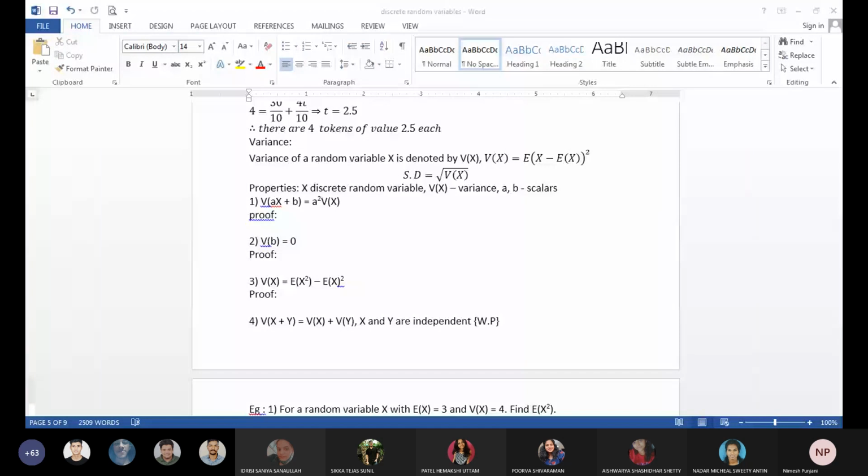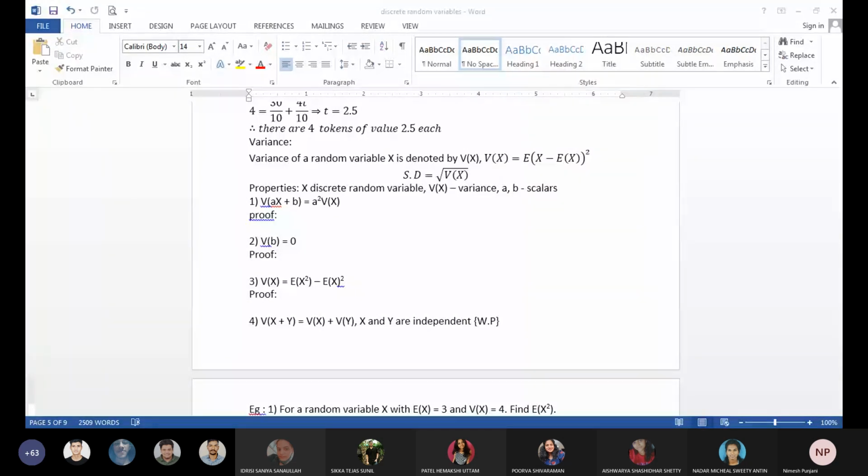So what I was telling, we are discussing the properties of the variance. Variance of ax plus b is a square times variance of x. Second property, variance of b is 0, where b is a scalar, so its variance will be 0. Third property is the formula for variance of x, E of x square minus E of x the whole square.